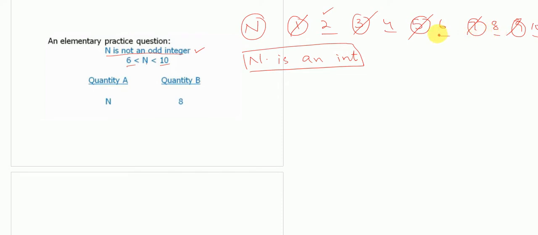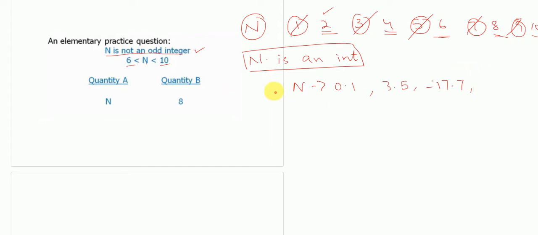It can be 2, 4, 6, 8, 10, 12, 14 and so forth. But n could also be, let's say, 0.1 or 3.5 or minus 17.7 or any other positive or negative decimal number.